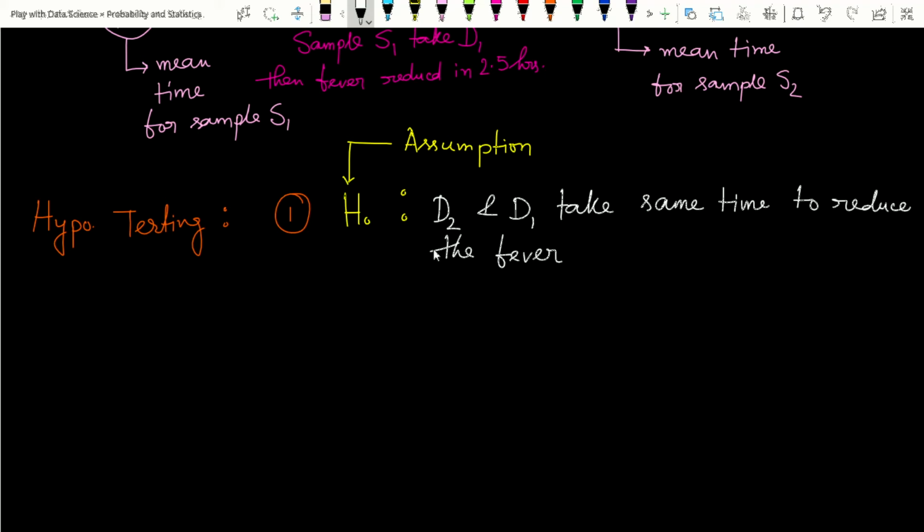That's the assumption that we make here. That's the first thing. Secondly, you have to make the test statistic.